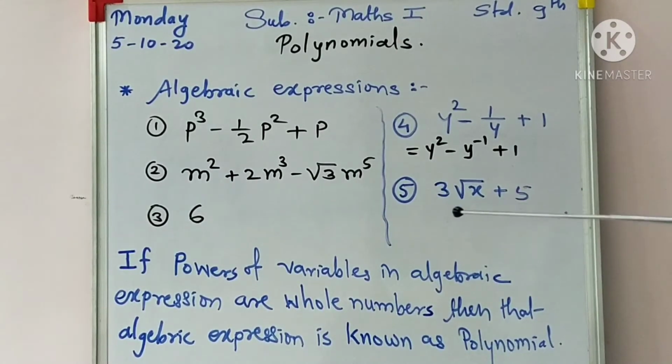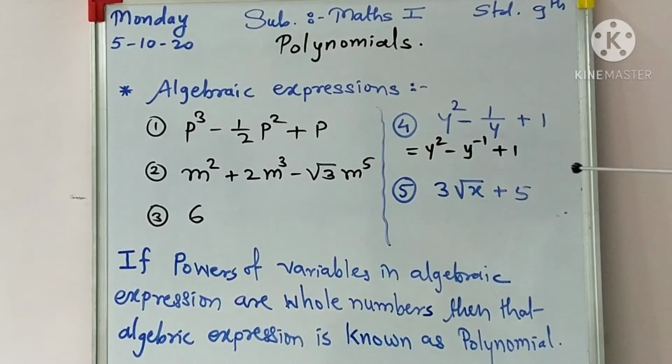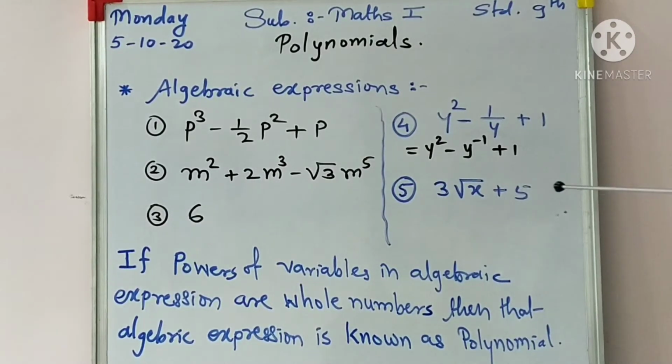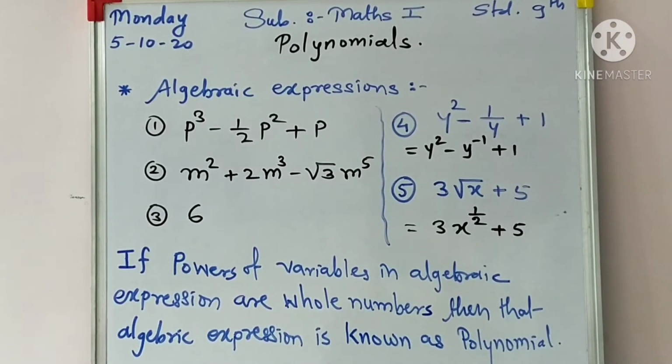Okay, and for the fifth one also, 3 root x plus 5, that root x, by the rule of indices, we can express the same expression as 3x raised to power 1 upon 2 plus 5.